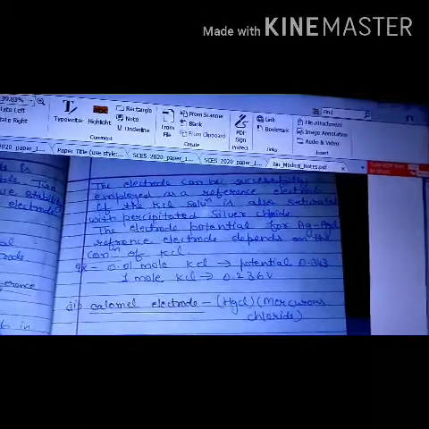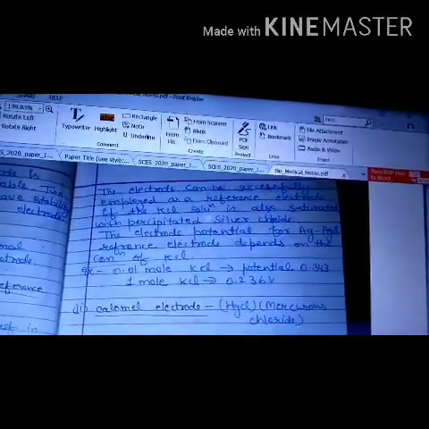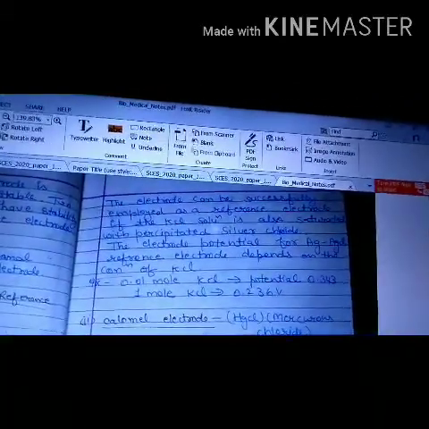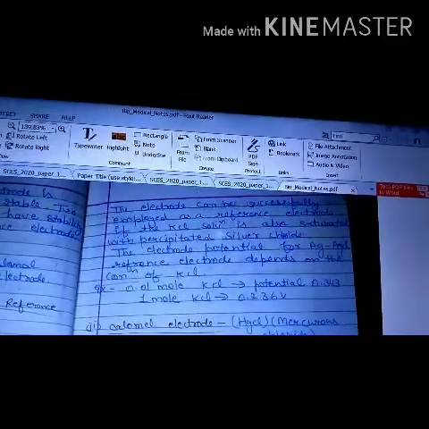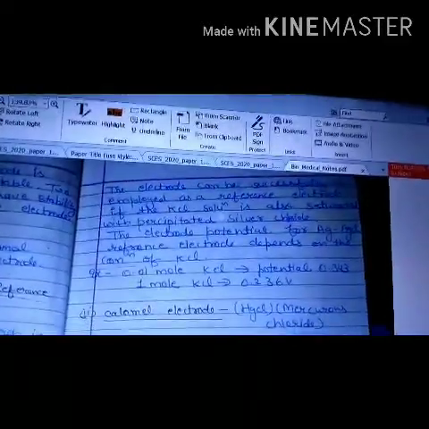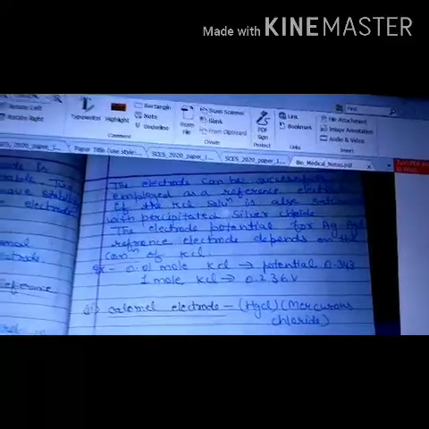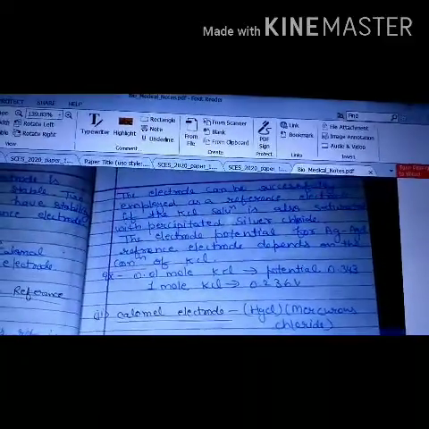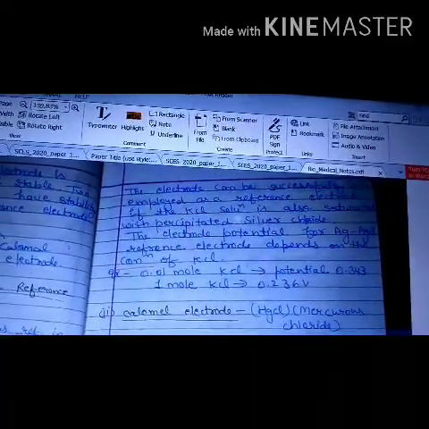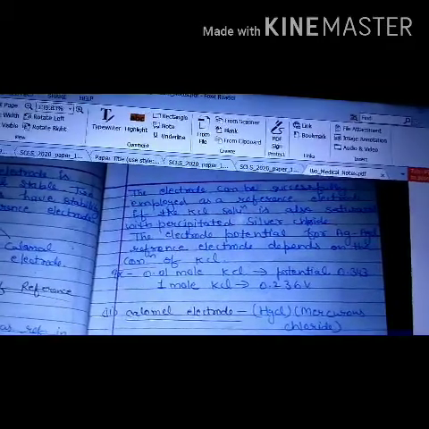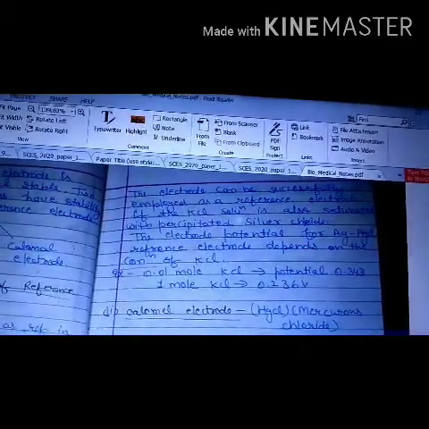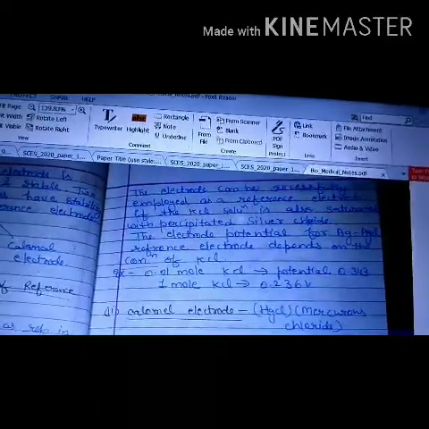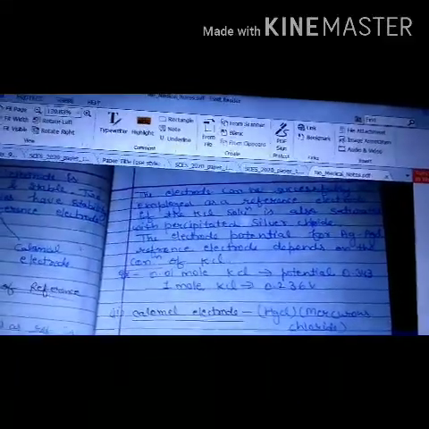The electrode potential for the AgCl reference electrode depends upon the concentration of KCl. If you are using 0.01 mole of KCl, then the potential is 0.343, and if we are using 1 mole of KCl, then the potential developed is 0.236 volt.